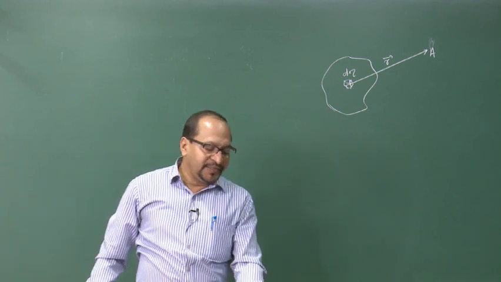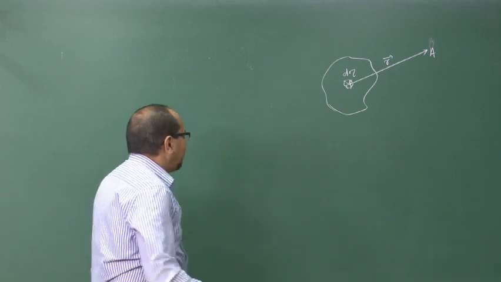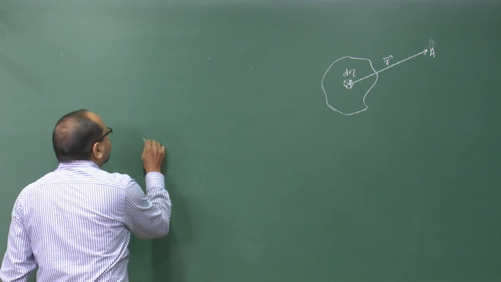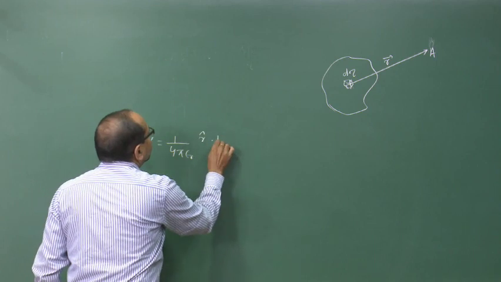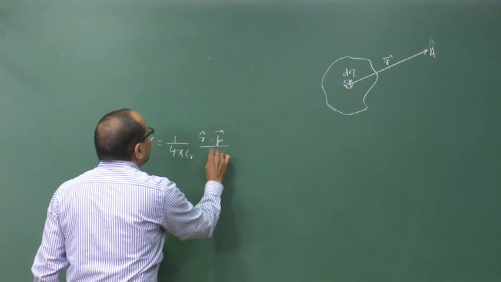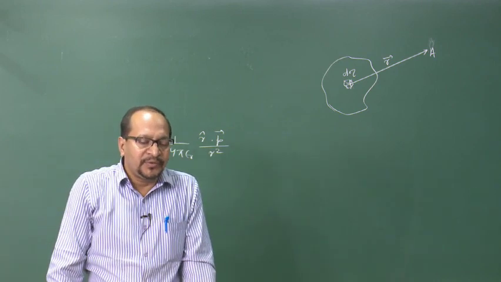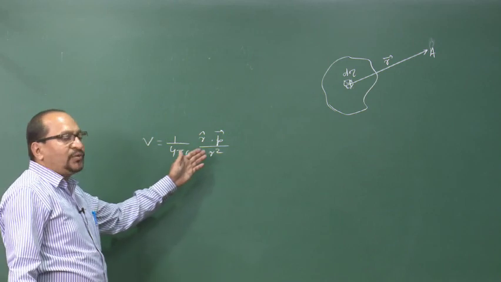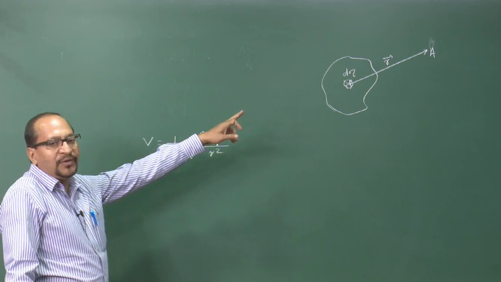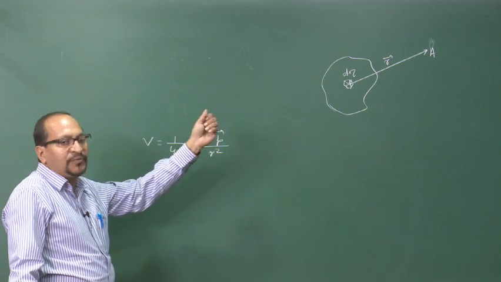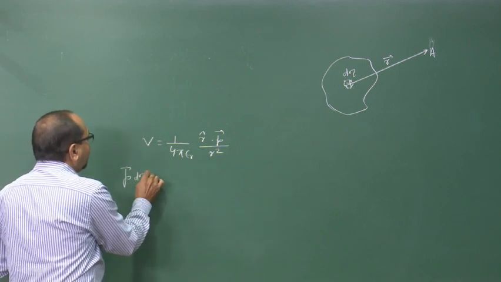As we have already discussed before, due to an electric dipole of dipole moment P, the potential at a distance r is V is equal to 1 by 4 pi epsilon naught r cap dot vector P by r square. This is the formula we have already derived, the potential due to a dipole of dipole moment P. Now, if we are considering here a volume element d tau of the polarized material, then this volume element has a dipole moment, and obviously it is P into d tau.